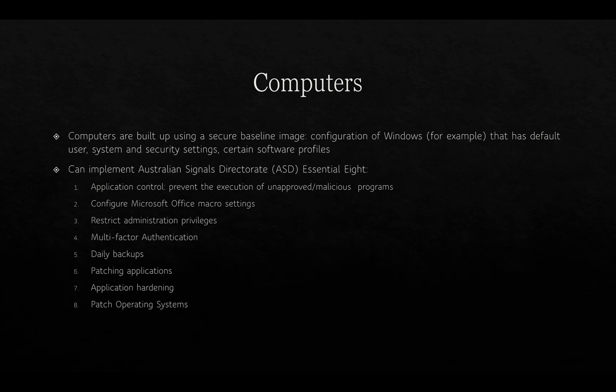So when it comes to protecting computers, we can establish a secure baseline image for a computer, which might be a configuration of Windows, for example, that has default user, system and security settings and certain software profiles. And that image will be used as the basis for all computers on a network.